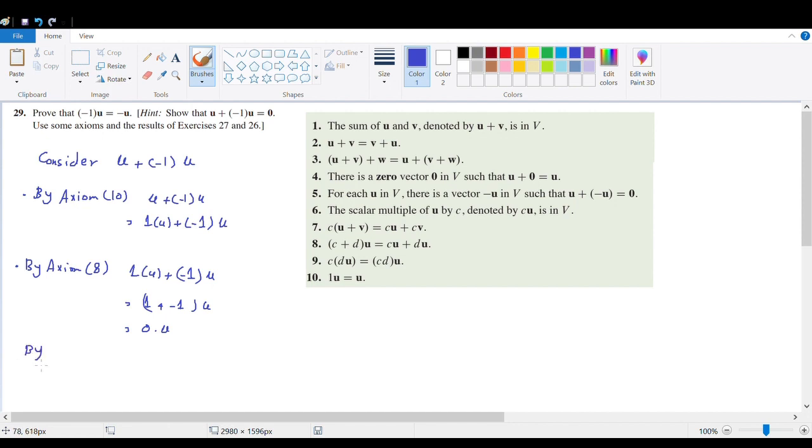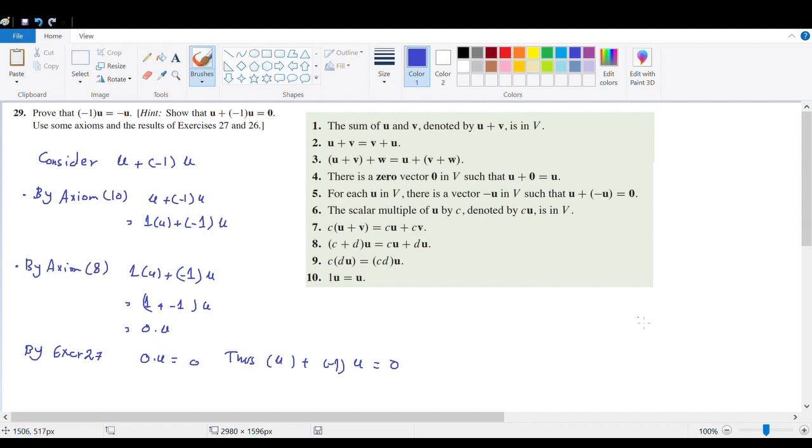So now by exercise 27, we say that 0 multiplied by u is just equal to 0. So thus we have u plus minus 1 multiplied by u is equal to 0.